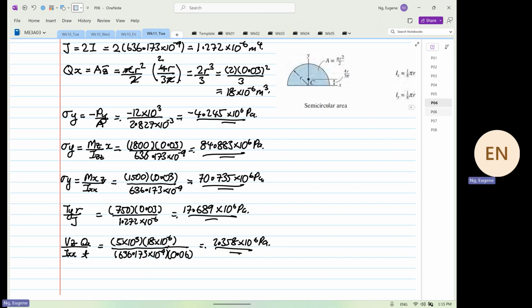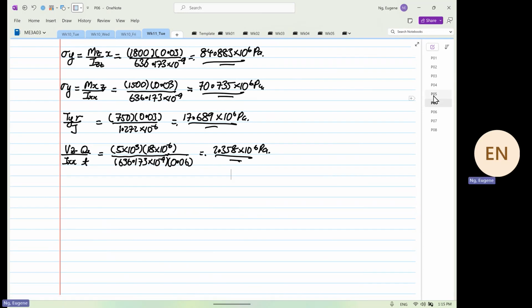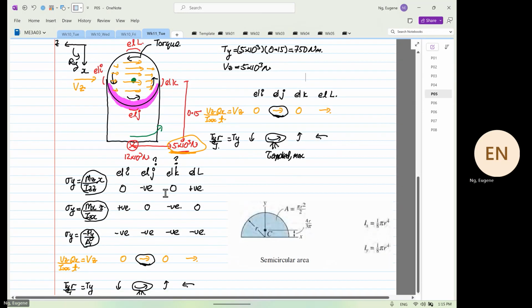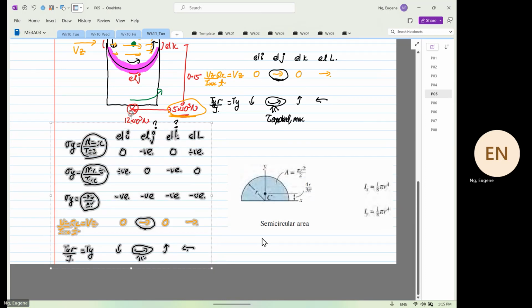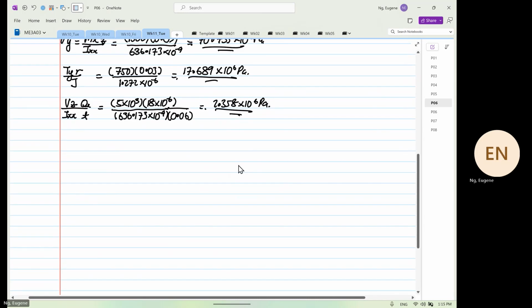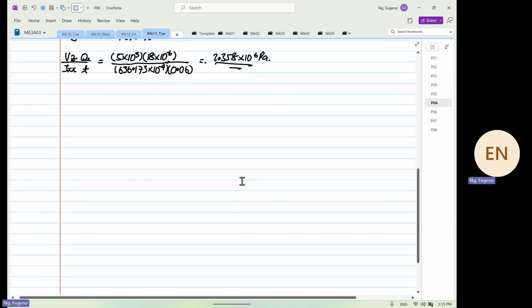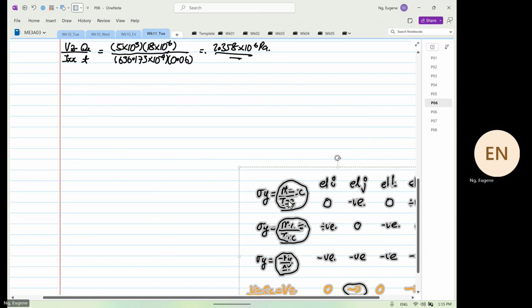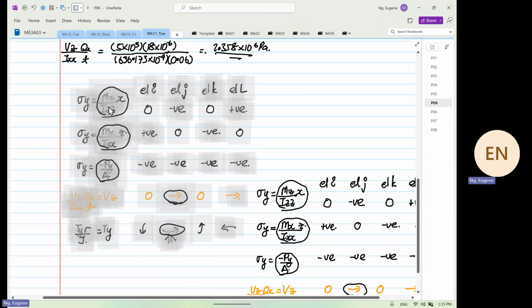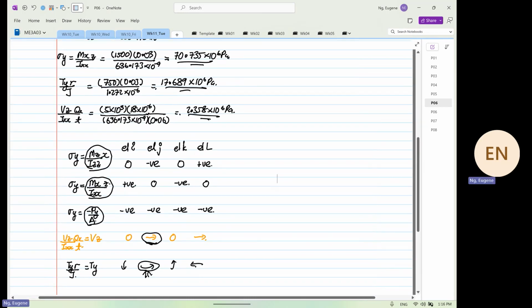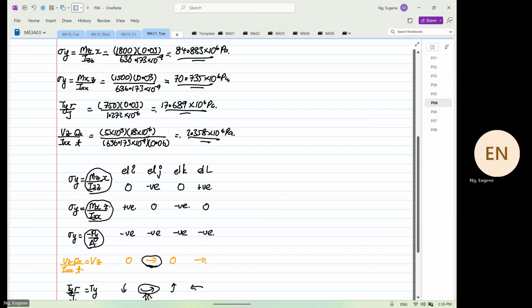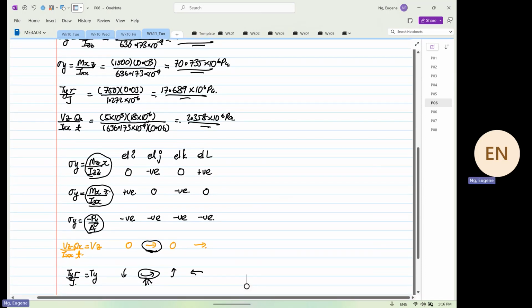Once you know everything now, I'm going to take that table and dump the table over here. So due to MZ, I'm going to change color over here.